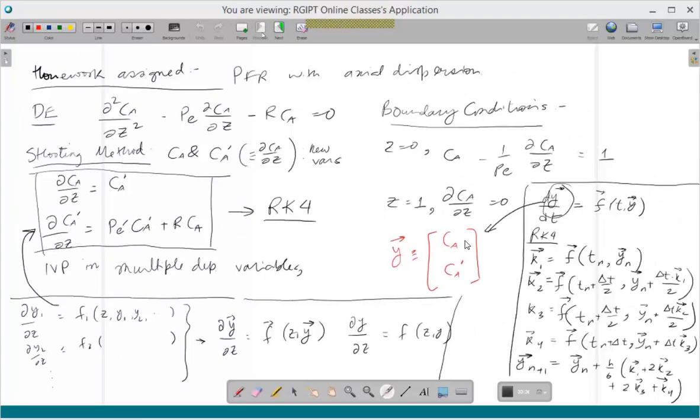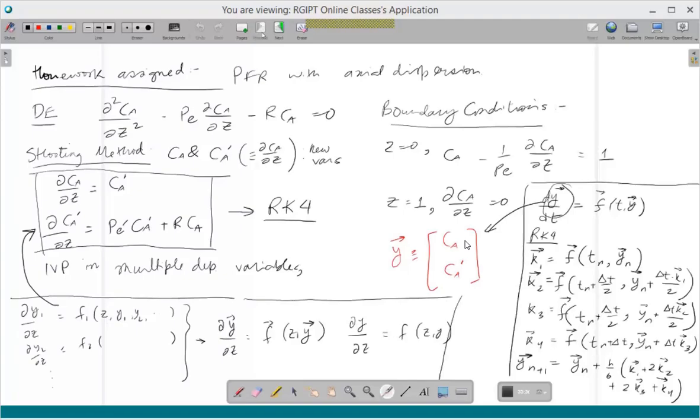So this would be my f1, and this would be my f2. These are the two components of the function vector. f1 would be equal to Ca prime, and f2 would be equal to Peclet into Ca prime plus R into Ca, right? So that is what I have here.